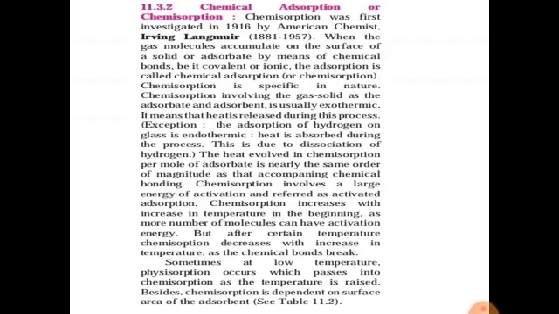Chemical adsorption increases with increase in temperature. In the beginning, a large number of molecules can have activation energy, but after a certain temperature, chemical adsorption decreases with increase in temperature as the chemical bonds break. Sometimes at low temperature, physical adsorption occurs, which passes into chemical adsorption as the temperature is raised.